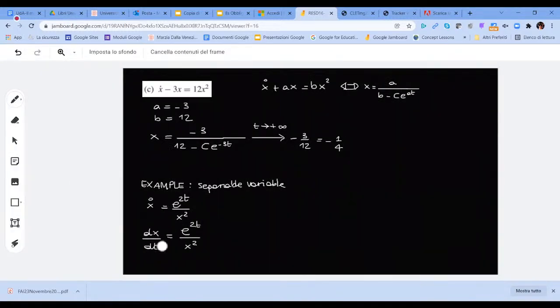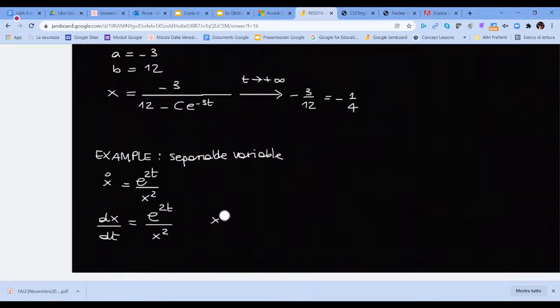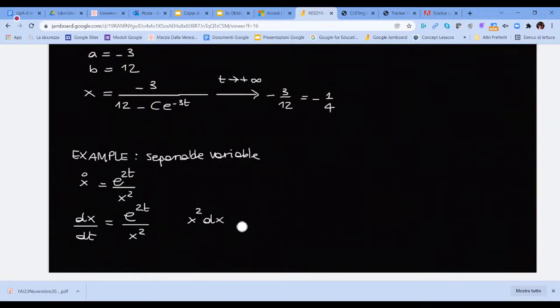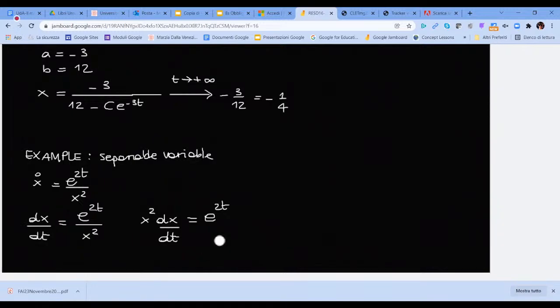That means if you multiply both sides by x squared, you obtain x squared times dx equals e to the 2t, and you should now take into account that the variable of differentiation, dt, could be seen again as something that you multiply by. That means you will obtain this expression.